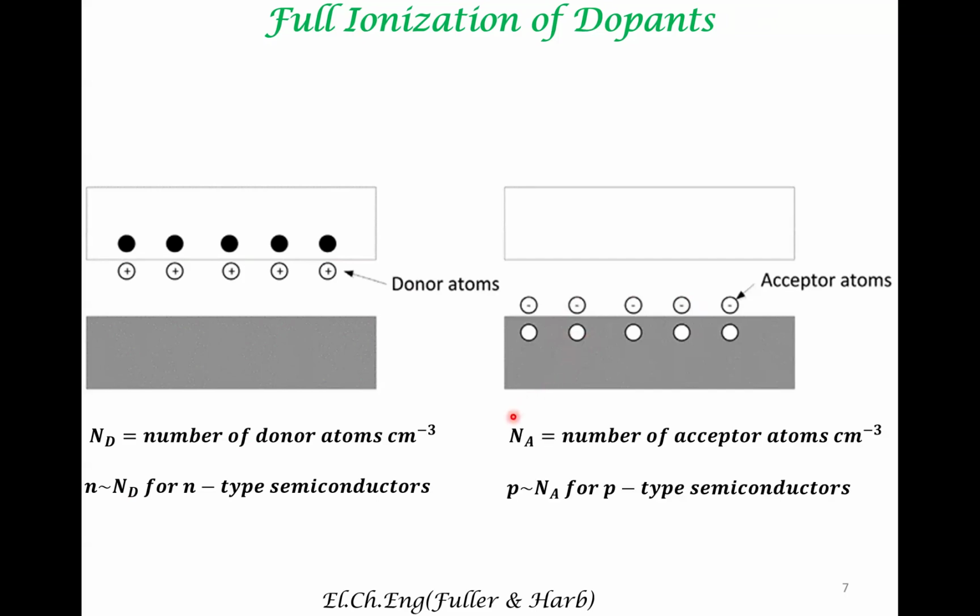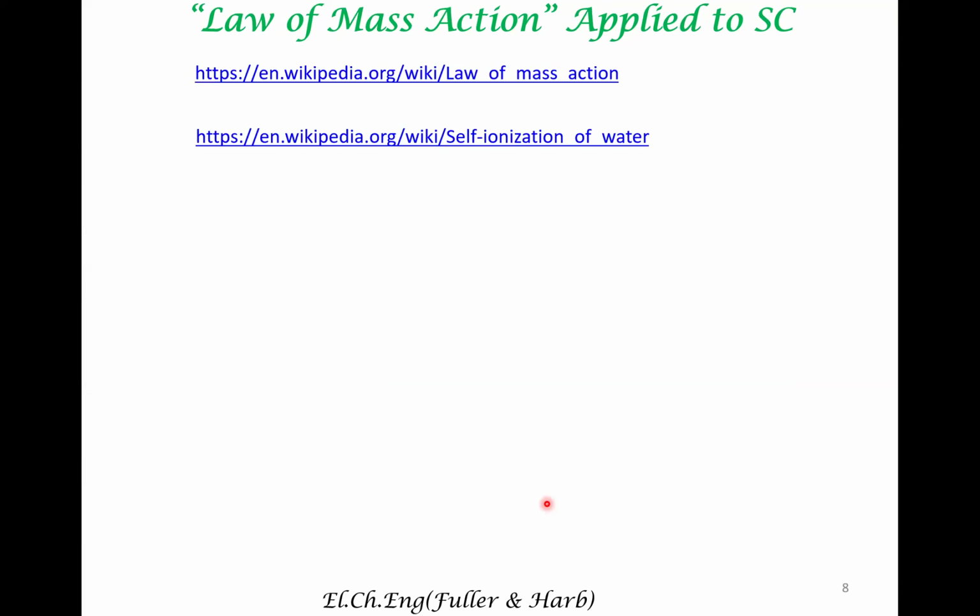In this case, Na refers to the number of acceptor atoms per unit volume, and a good approximation is that the concentration of holes is approximately equal to the acceptor ion concentration in a p-type semiconductor. We'll move on to another important property in a semiconductor.